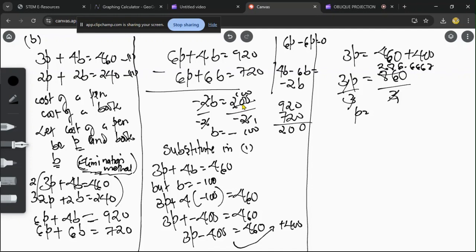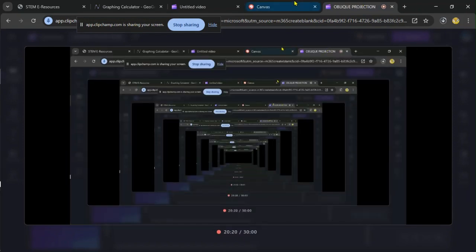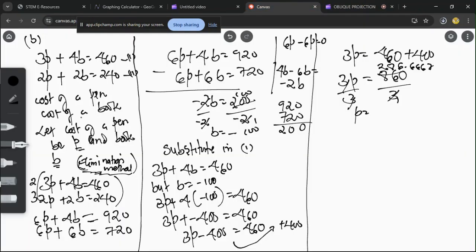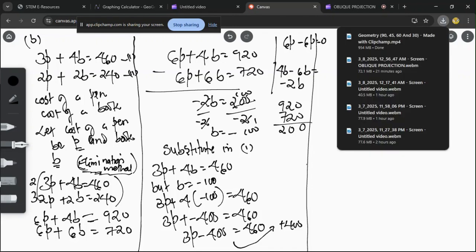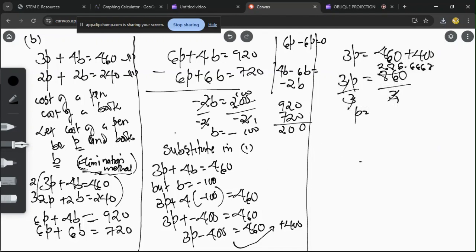Before we write our final answer, let me see whether we've made a mistake somewhere. 3p plus 4b is equals to 460. 2p, 240.